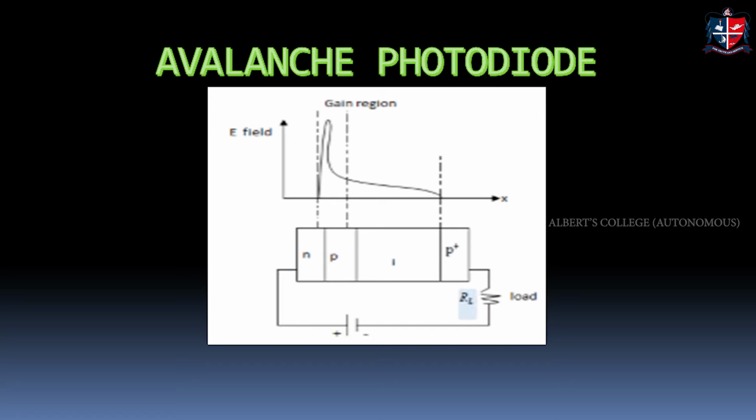So more and more electron hole pairs will be created because of the accelerated charge carriers, and that will increase the photocurrent. The electron hole pairs created because of the accelerated charge carriers are known as secondary electron hole pairs.